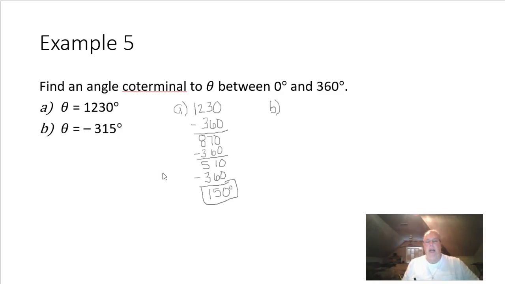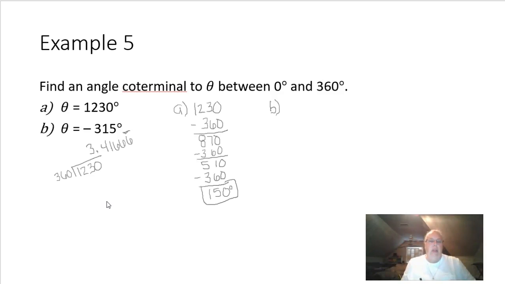Another thing we could do for part A is take 360 degrees and divide it into 1,230. And when we do this division, I can see in the calculator that it doesn't go evenly, but it does go 3 times. Now if I subtract the 3 off on the calculator and then multiply that decimal, and by the way, the decimal is 0.41666 and so on, it's going on forever.